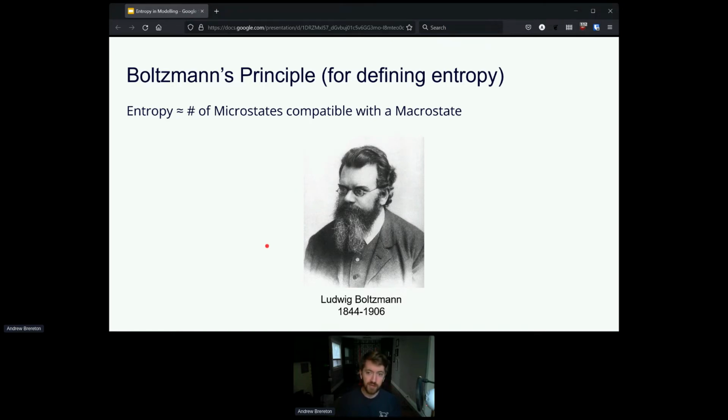And all of this ties back to Boltzmann's principle for defining entropy. There are a lot of different ways that you can define entropy. If you have a physics background, you probably think of entropy as it pertains to the second law of thermodynamics, which says that entropy in a system must always be increasing.